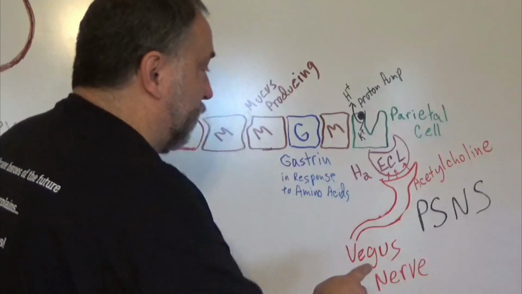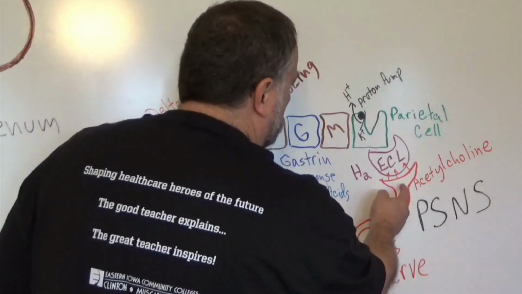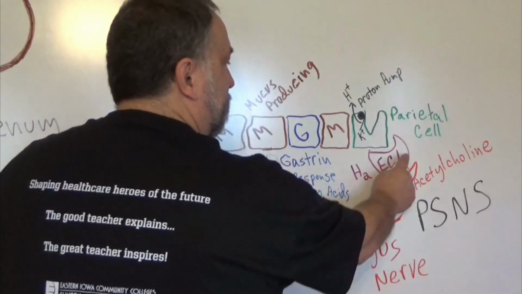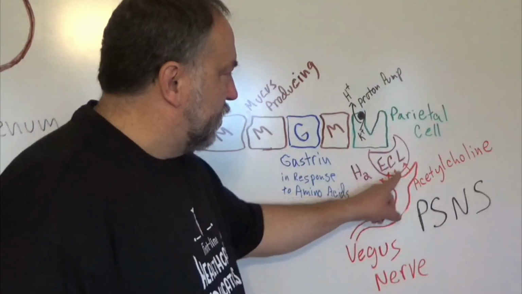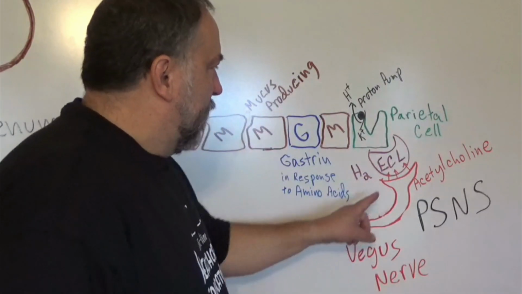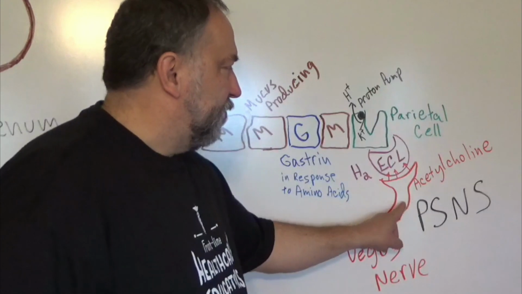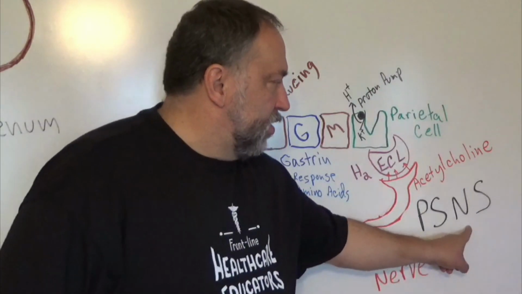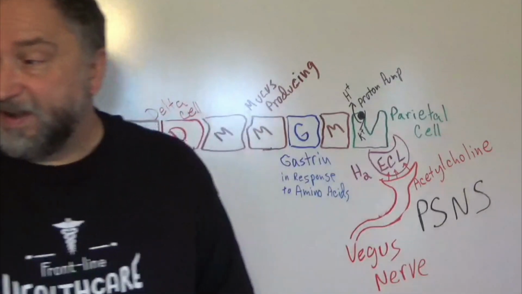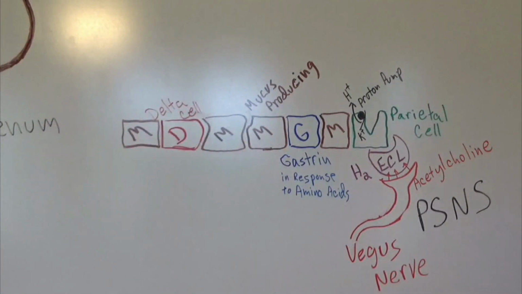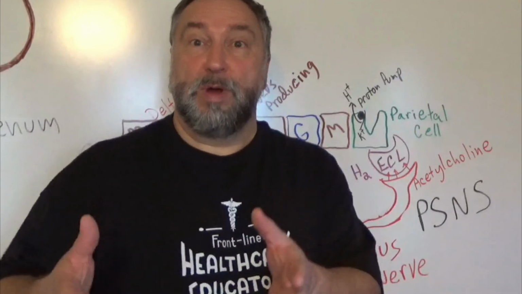You have to remember the vagus nerve, cranial nerve number 10, comes down here and stimulates this ECL cell. I didn't mention that yet, but we have this cell here called the ECL cell. The vagus nerve is part of the parasympathetic nervous system, the part that does rest and digest.